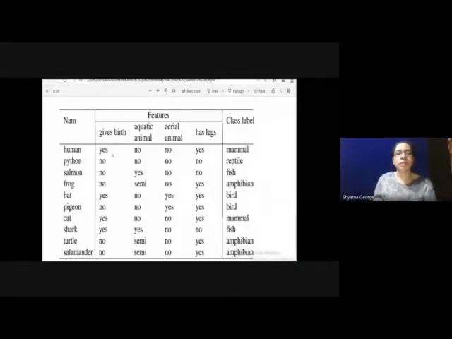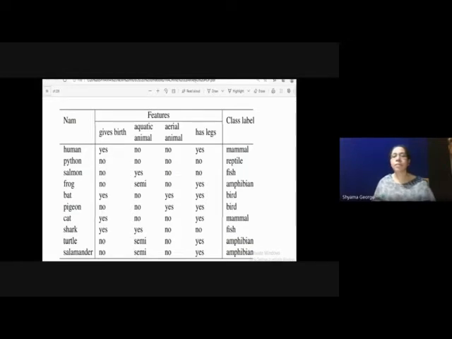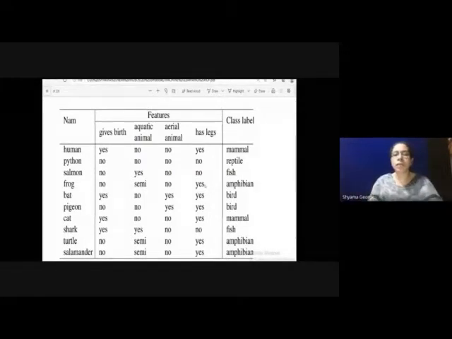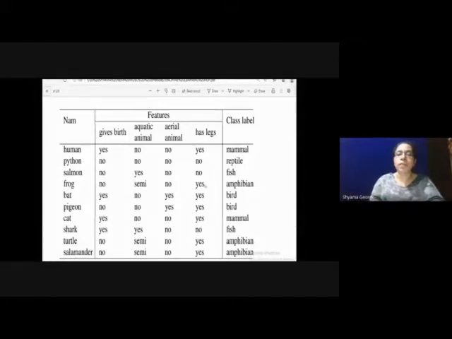When you consider this database, there are 10 samples. The class labels are mammal, reptile, bird, fish, amphibian. Now we can find out the Gini index for this particular database. For finding out the Gini index for this entire data set, you have to find out the class labels and the number of records belonging to each class.